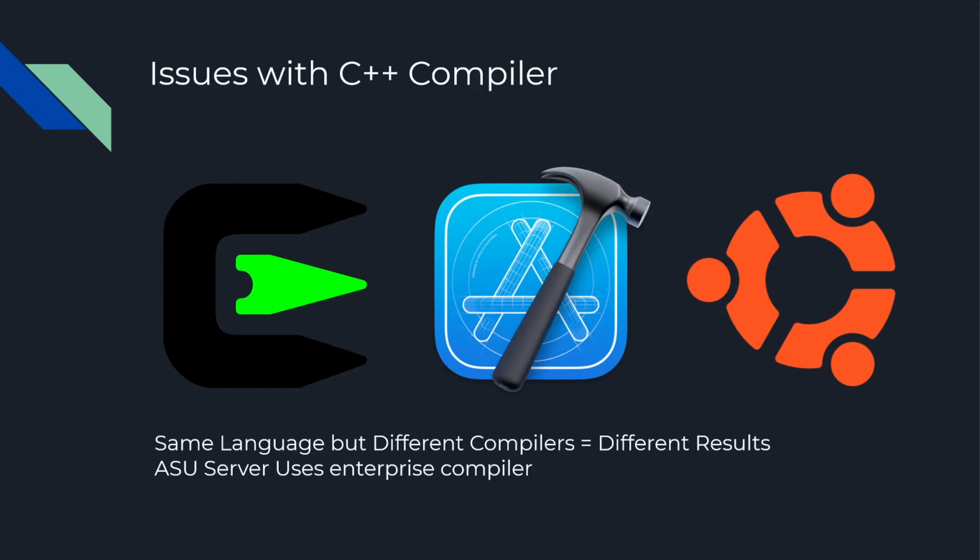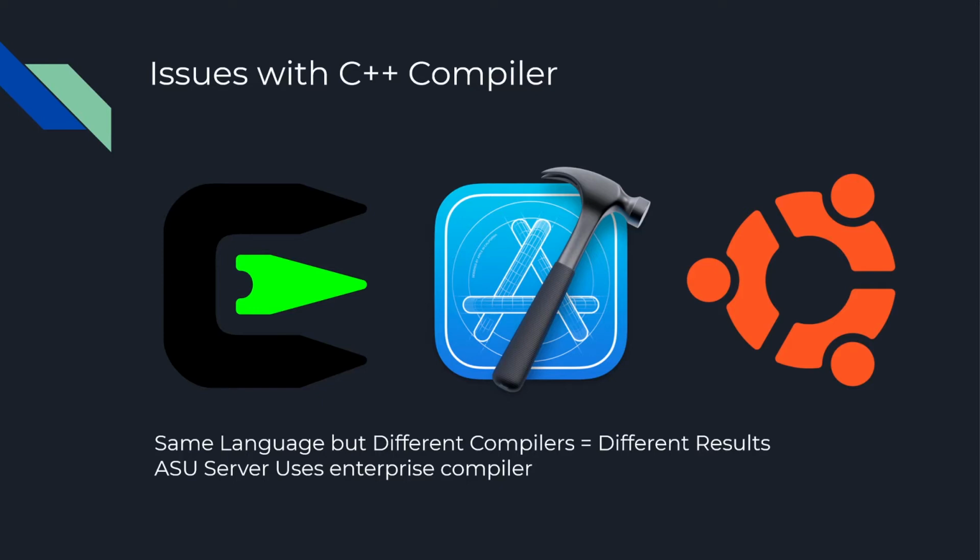The compiler for Windows and Mac will run vastly differently than the GCC and GDB compiler on the Linux machine that will be used to grade your projects. So this is quite a concern. One program can work fine on the Windows C++ compiler, but even fail to compile on the ASU General Server.